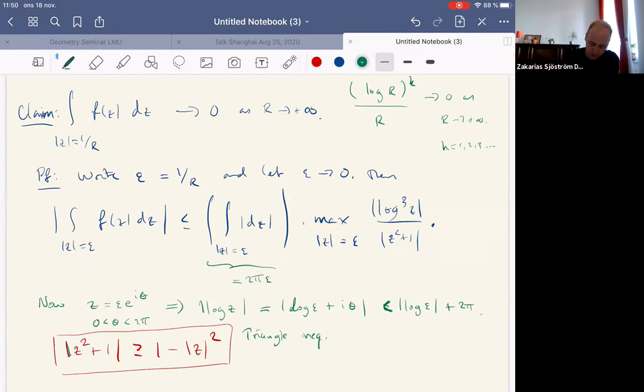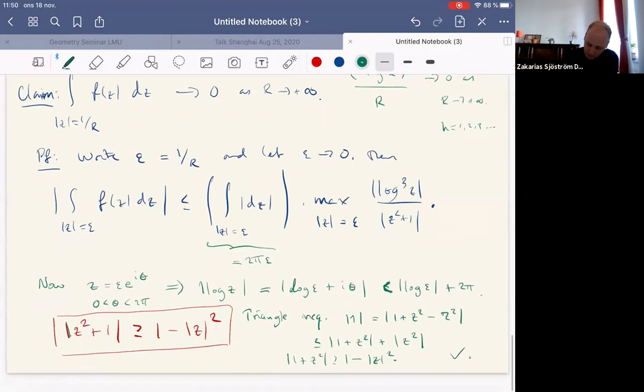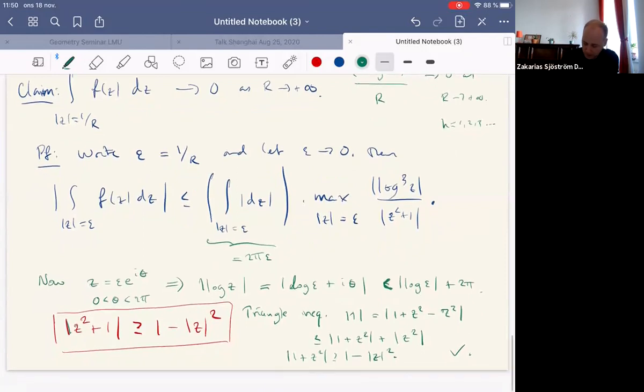So I'm sure you've seen this before, but the absolute value of 1, you can write it as the absolute value of 1 plus z squared minus z squared, which is less than or equal to the absolute value of 1 plus z squared, plus the absolute value of minus z squared, but that's just the absolute value of z squared. So moving this to the other side, it says that the absolute value of 1 plus z squared is larger than or equal to 1 minus the absolute value of z squared. So this proves the thing in red.